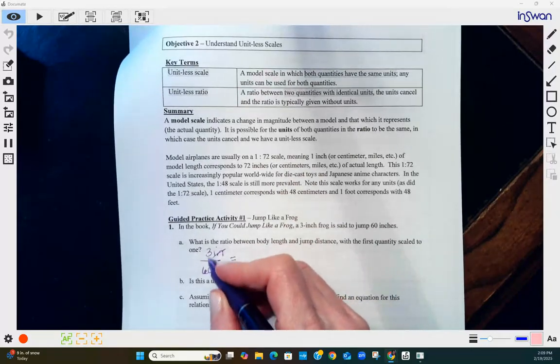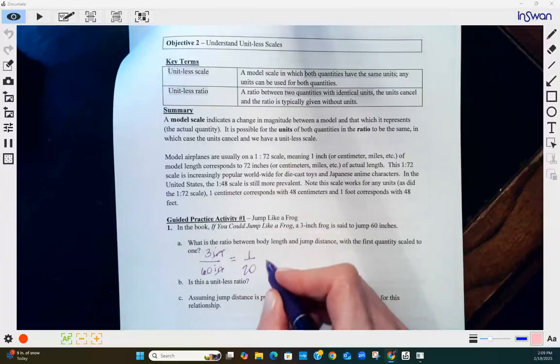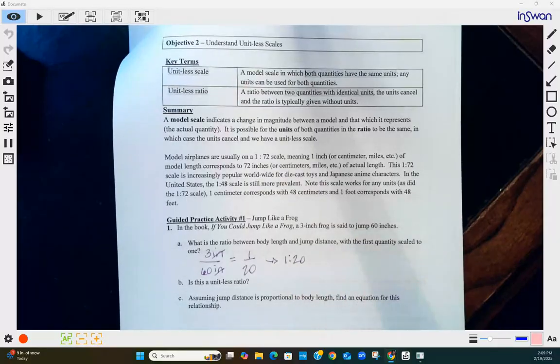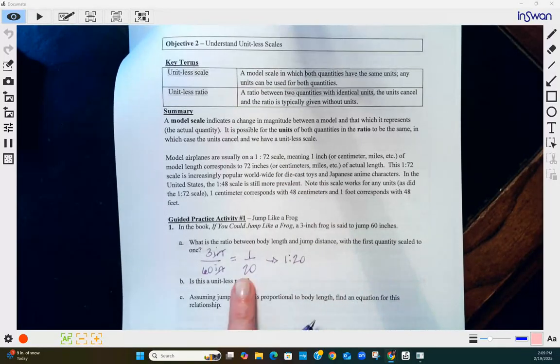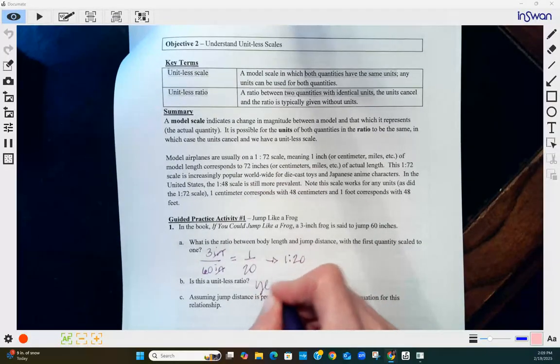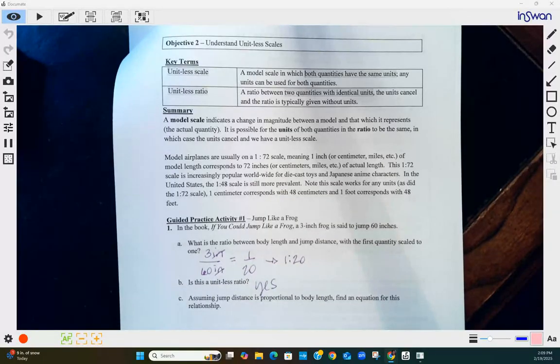And 3 goes into 60 20 times. So the ratio is 1/20, or you can write it like this. Either way, those mean the same thing. Those are both a way to state a ratio. Is it a unitless ratio? Yes, because both quantities are in inches.